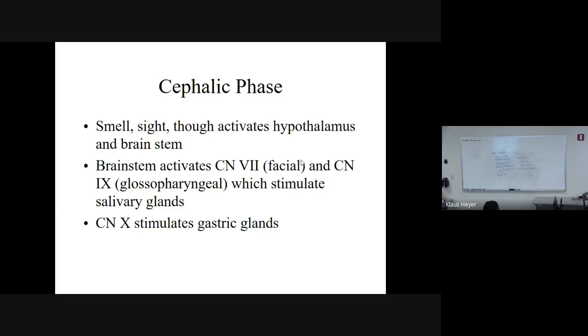What does the word glosso mean? What about pharyngeal? It's up in your face somewhere. Pharyngeal, pharynx, right, your mouth. Glosso, tongue. So it's like tongue, mouth, something going on with your tongue and your mouth.